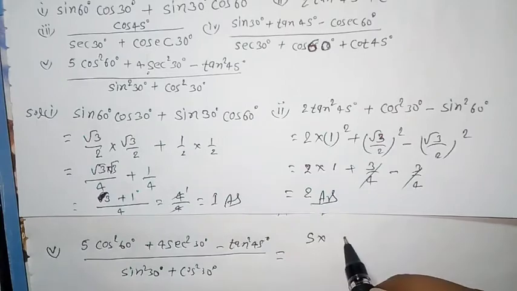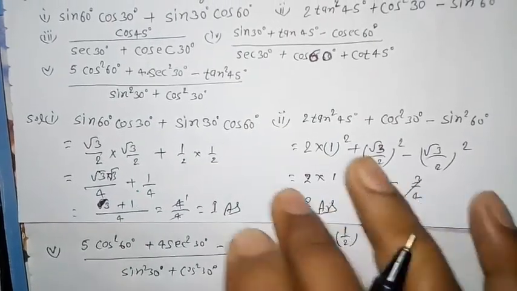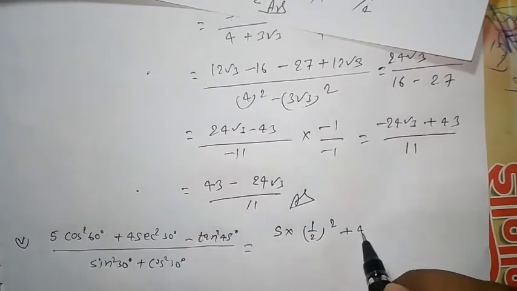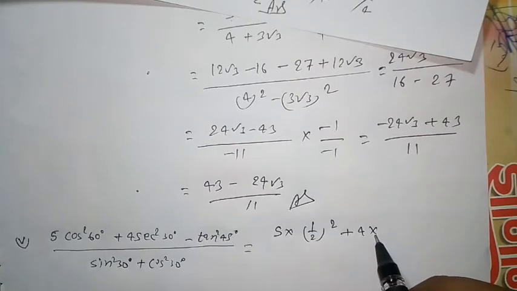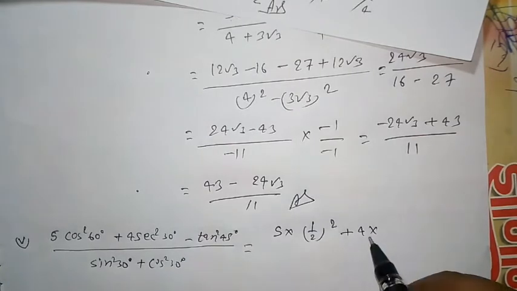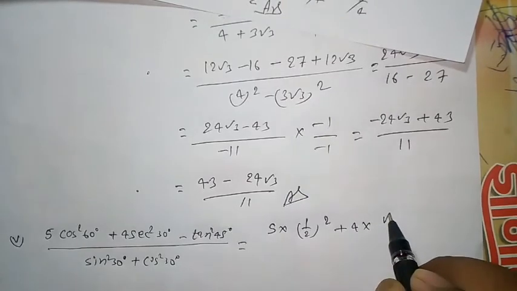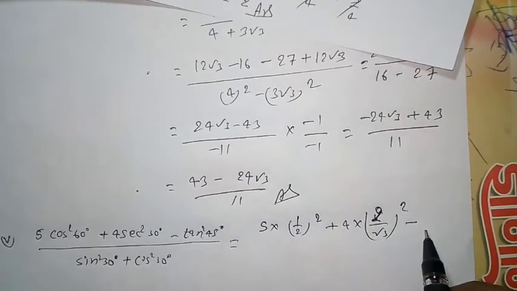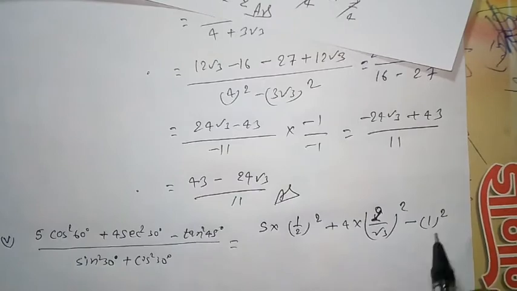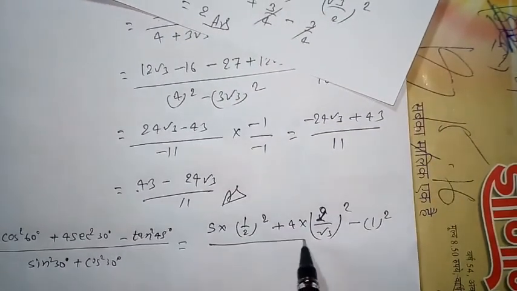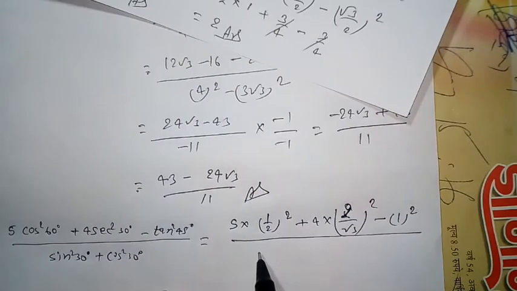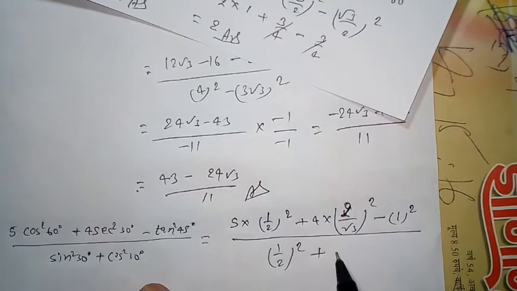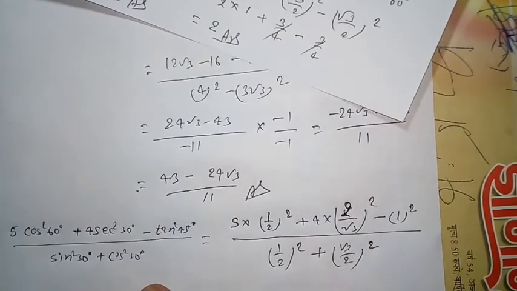The value of cos 60 is equal to 1 by 2, then 1 by 2 the whole square, plus 4 into the value of sec 30, which is 2 by root 3, then the whole square, minus the value of tan 45, which is 1, then 1 the whole square, by sin 30, the value of sin 30 is 1 by 2 the whole square, plus the value of cos 30, root 3 by 2 the whole square.